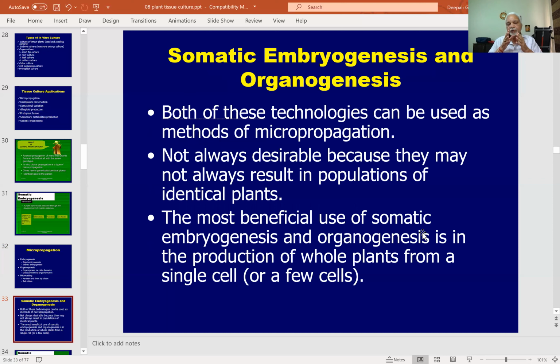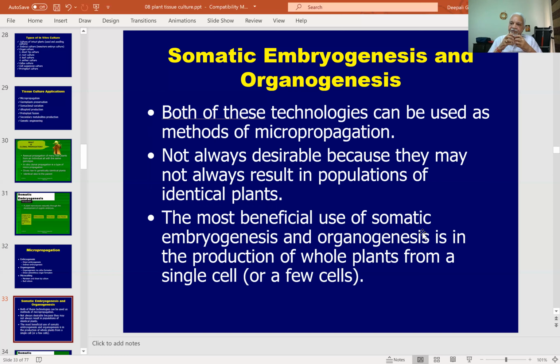So basically, both somatic embryogenesis and organogenesis, happening in vitro, have been exploited for clonal propagation or micropropagation purposes.